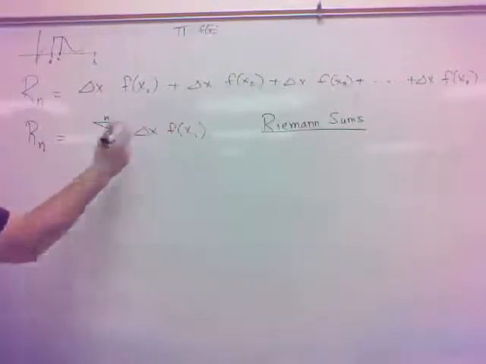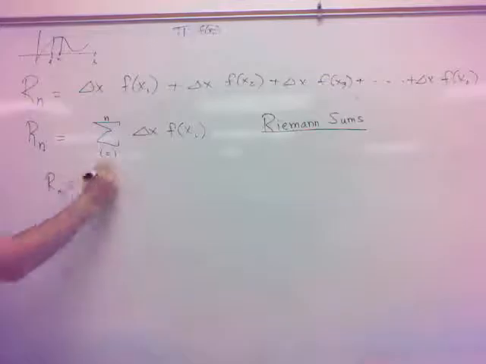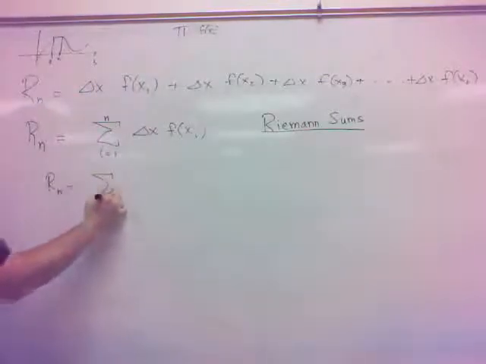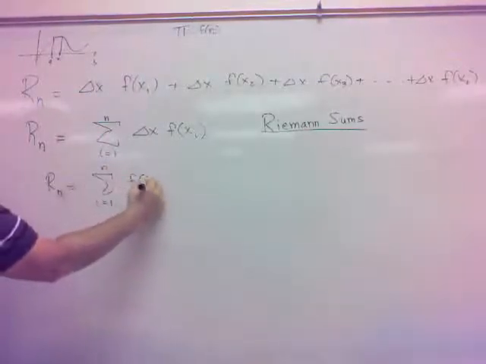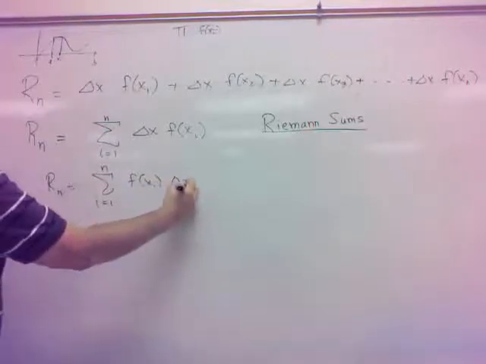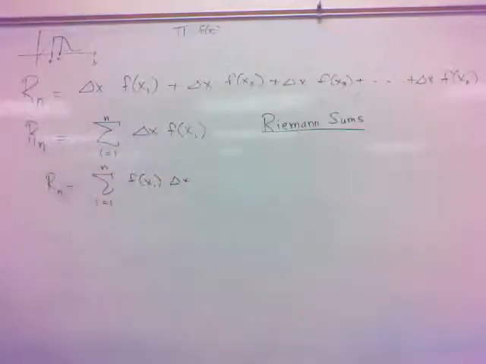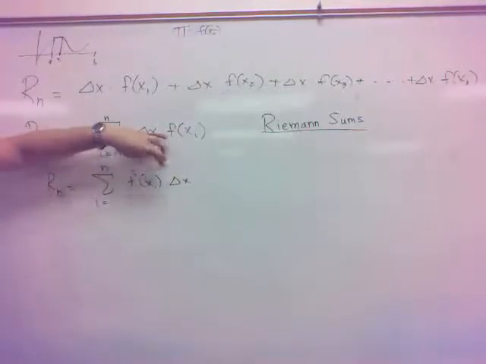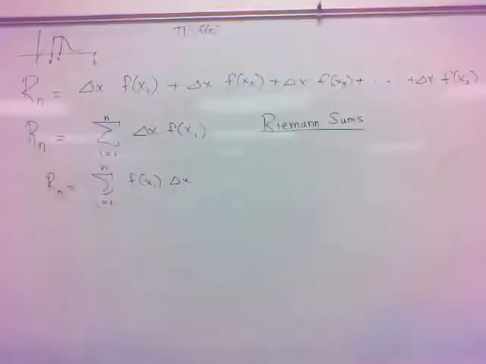Usually we start out doing delta x times f of x, but more often you'll see it flipped around, and it's the same thing, right? Multiplication is commutative, so we can commute those around. That's probably more how you would see it, the f of x sub i's times the delta x's, for different reasons. Okay?